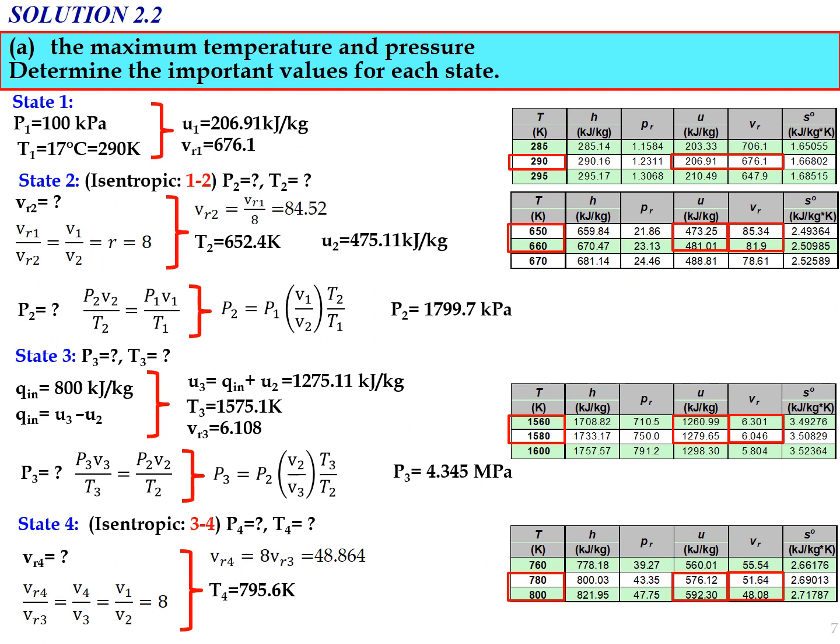And also you can determine the value of internal energy, u4 equal to 588.74 kilojoule per kg. Okay, that's how you can determine the important values for each state in the Otto cycle. So we already solved the important parameters for state number 1 until state number 4 for the Otto cycle.